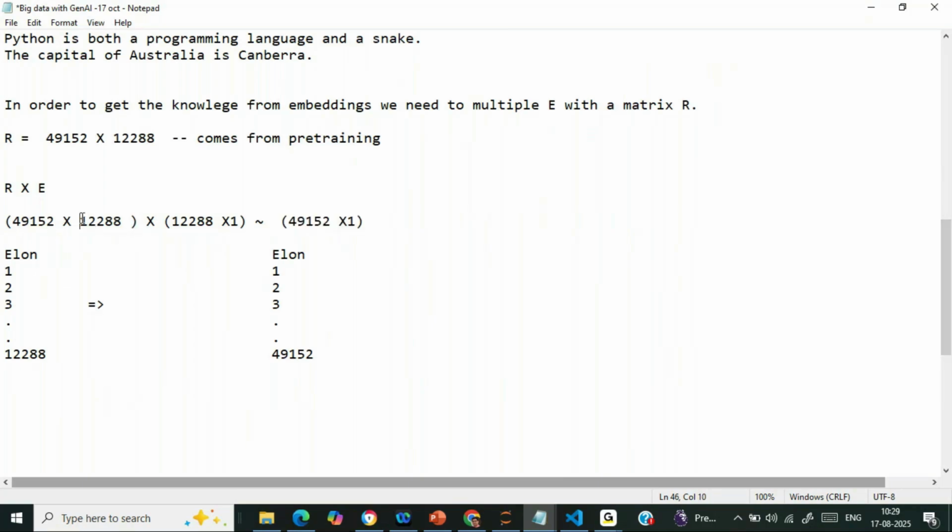The basic thumb rule for those who are not able to follow matrix multiplication: to multiply two matrices, the inner part must be the same. Here 12288 is there, and over here also 12288. If these two match, then we can multiply these two matrices, and the output is the first and the last dimensions.